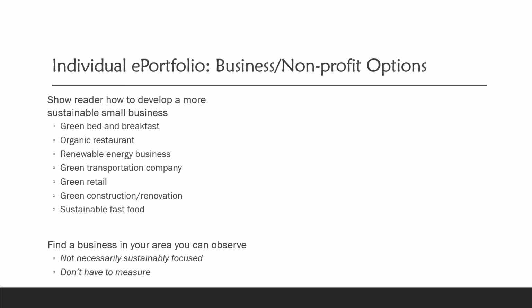If possible, you might want to find a business in your area that you can observe. It does not have to necessarily be sustainability focused. You do not have to go in and measure anything. That's what you're going to be doing in Capstone. But it might give you some ideas when you walk in.